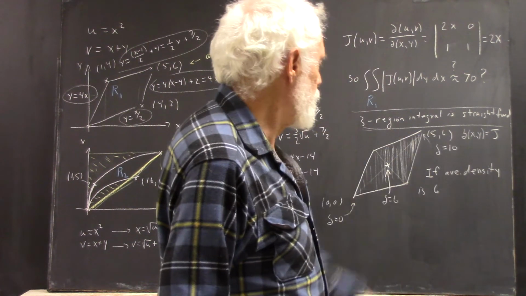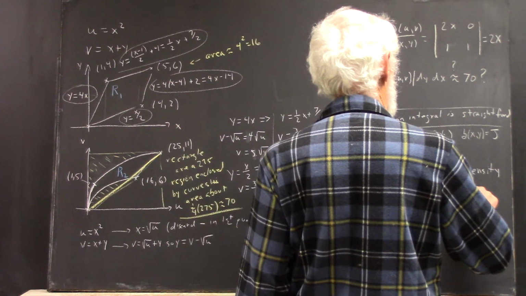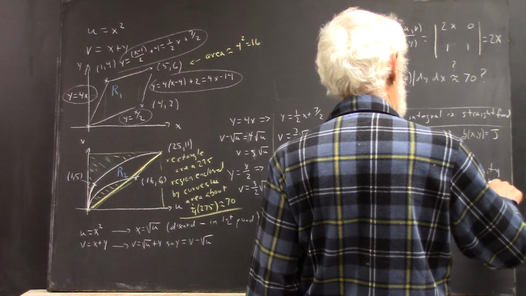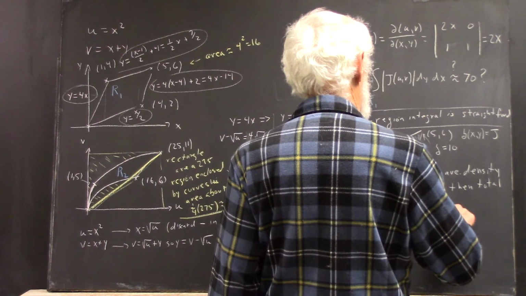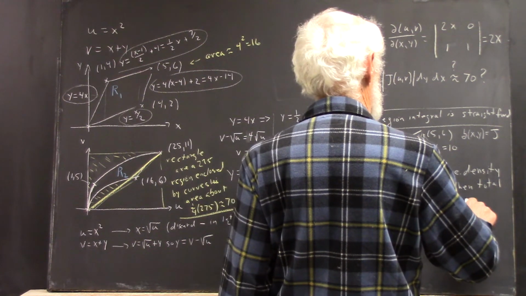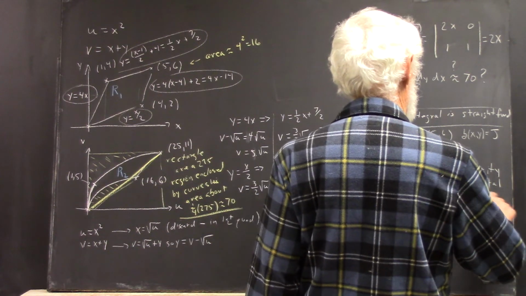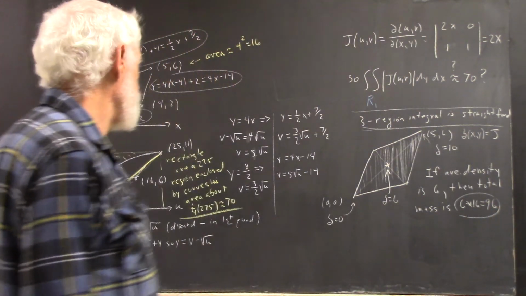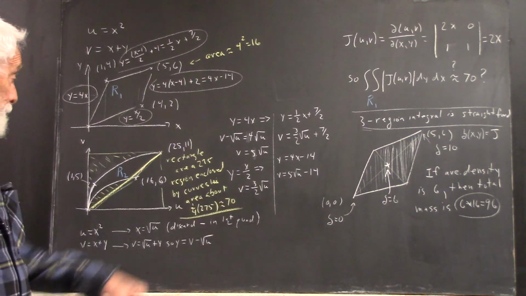If your average density is 6, and the total mass is 6 times 16, equals 96. Now my area estimate was 70.